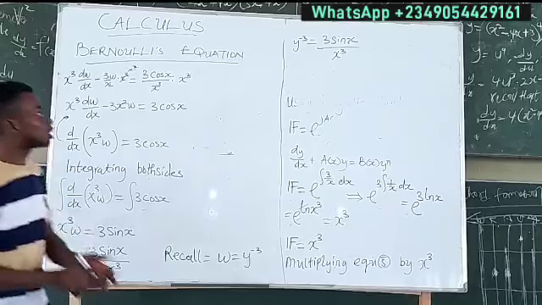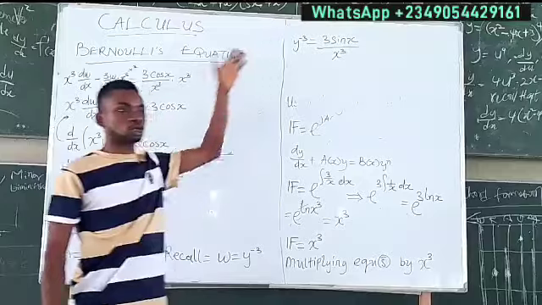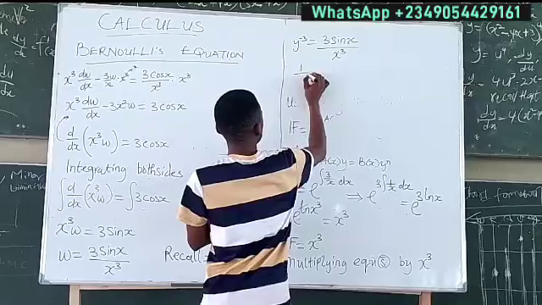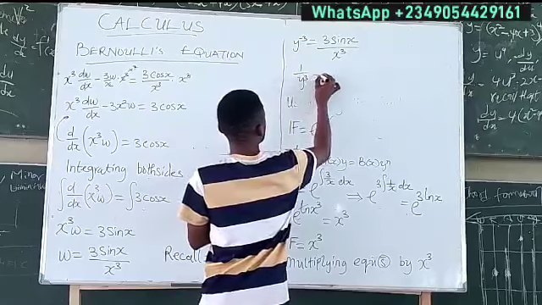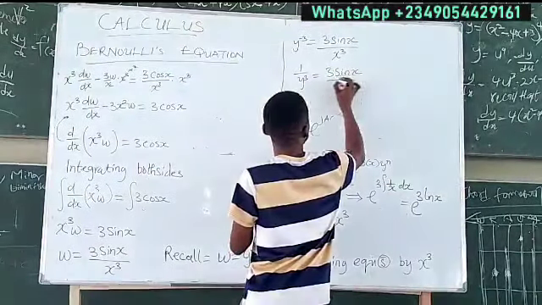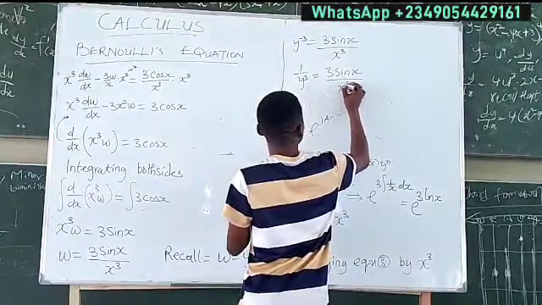Okay. Then from this part now, we can make y the subject of formula. Therefore, this will become 1 over y raised to the power 3 equals 3 sin x over x raised to the power 3.